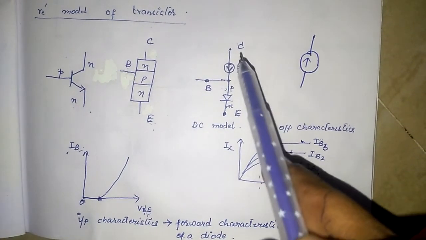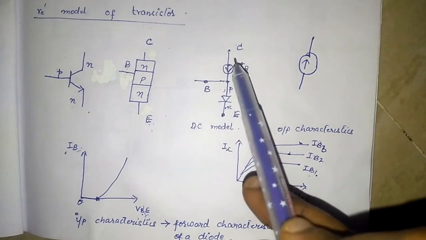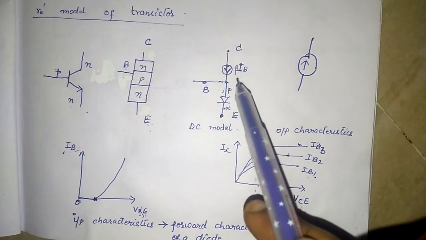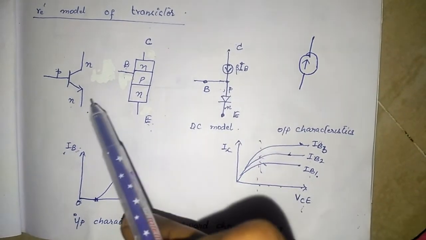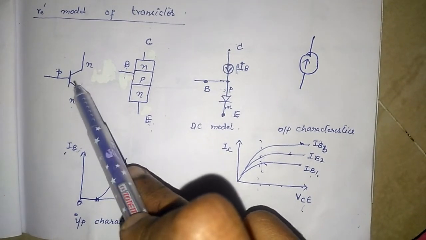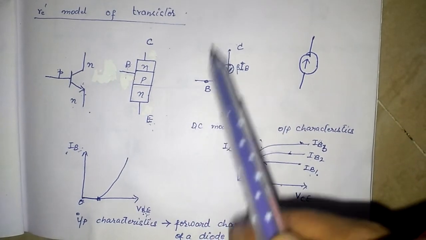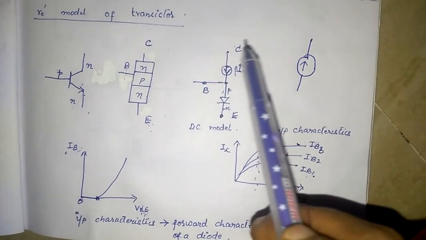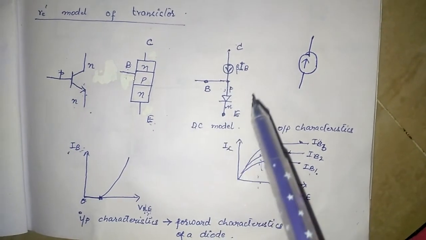That's why between the collector and base you have a constant current source. Please note that the arrow is downward, meaning that is the direction of conventional current, and electron current is just opposite to that.